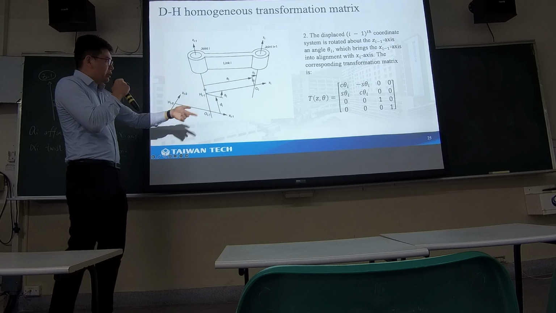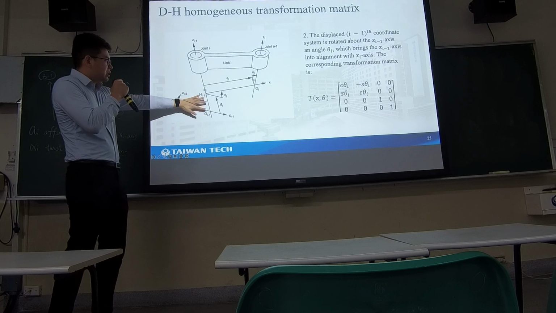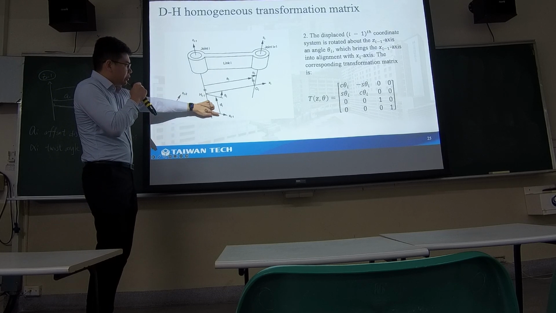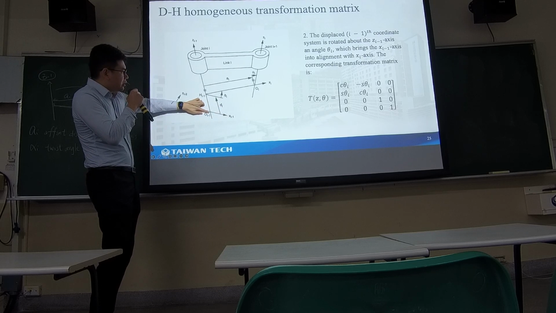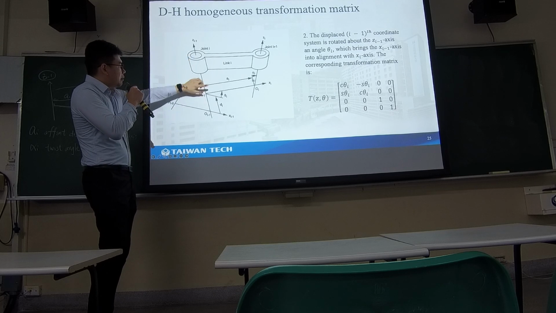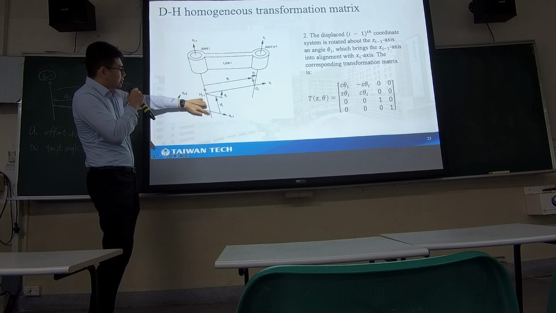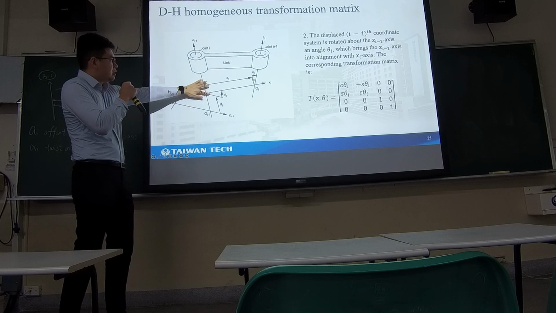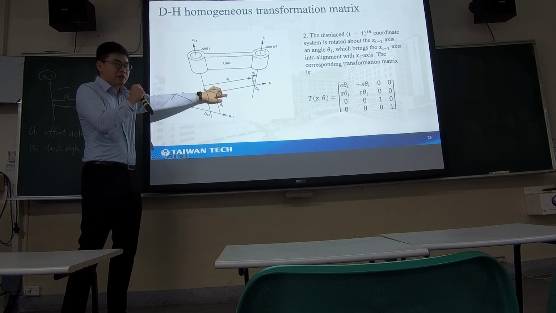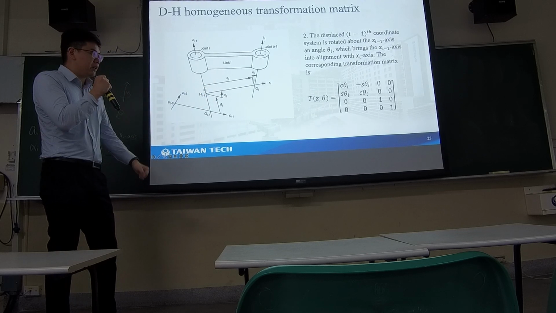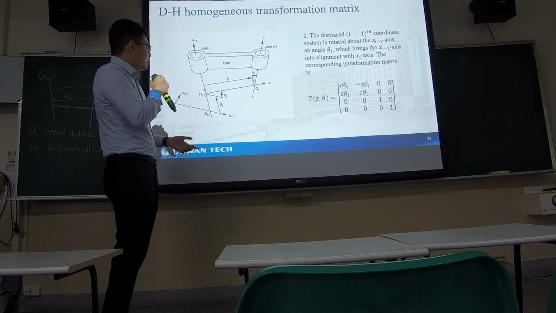So we just follow it. The definition of theta is the angle between xi minus 1 and xi about the z i minus 1. So just follow the definition. You can find this angle is theta i.